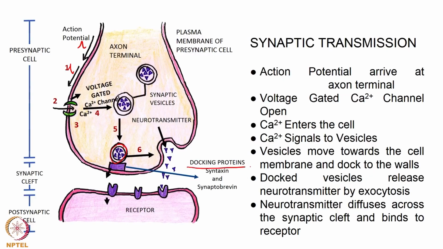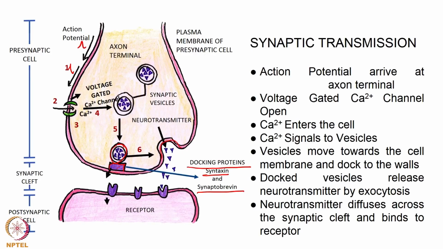This is mediated by docking proteins called syntaxin and synaptobrevin. So, by the action of syntaxin and synaptobrevin, these vesicles fuse to the membrane and then open up on the outside.